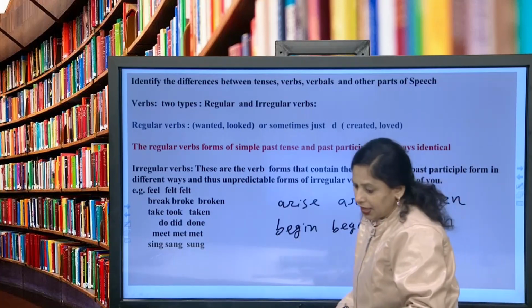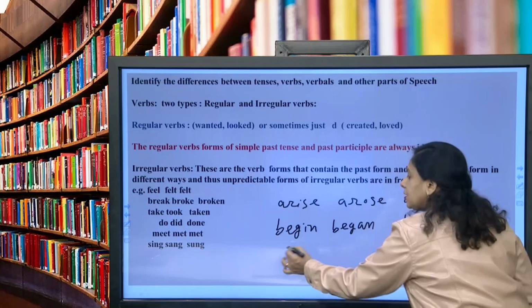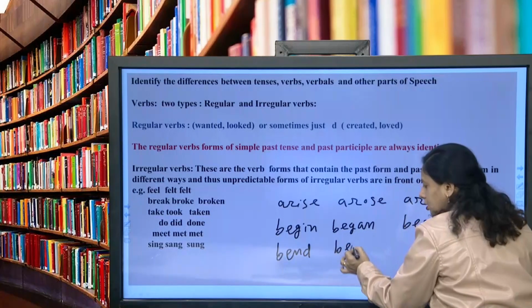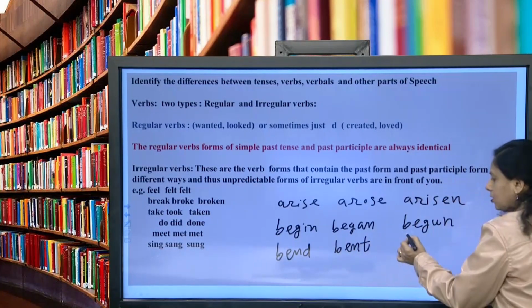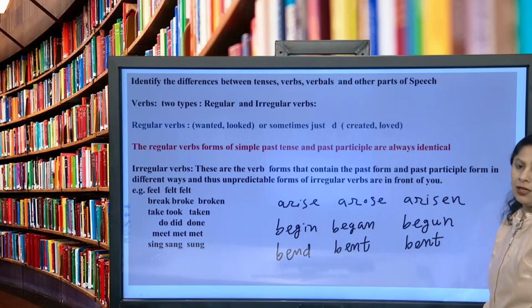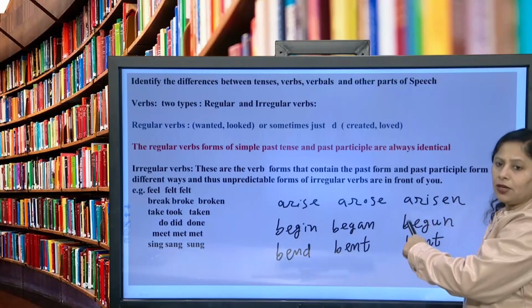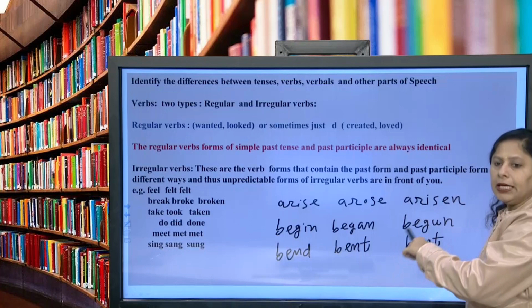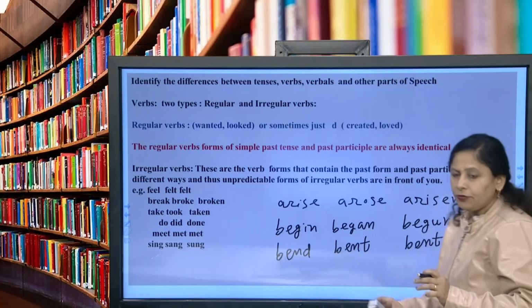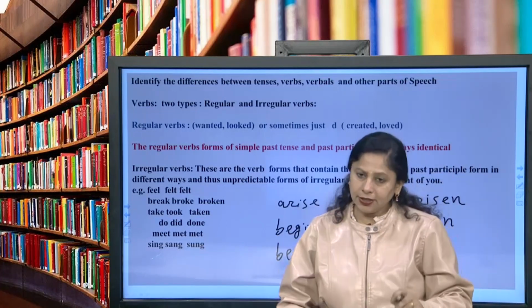The other verbs are bend, bent, bent. You can see that arise, arose, arisen, begin, began, begun, bend, bent, bent. All the forms are quite different.